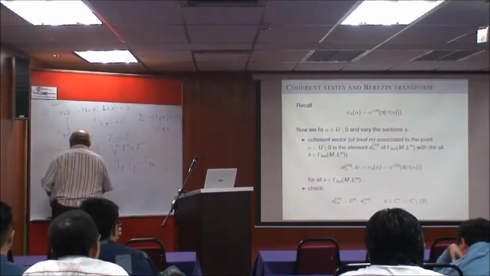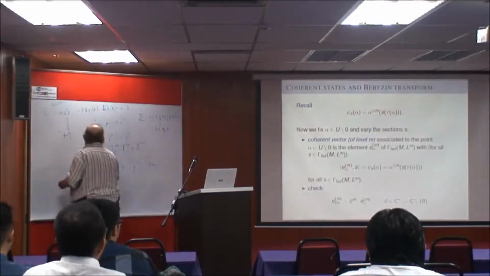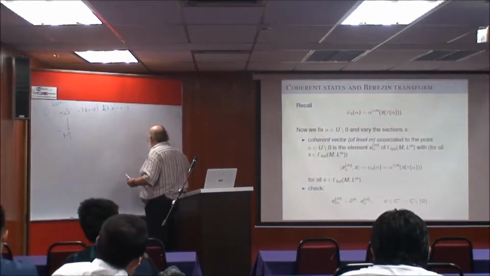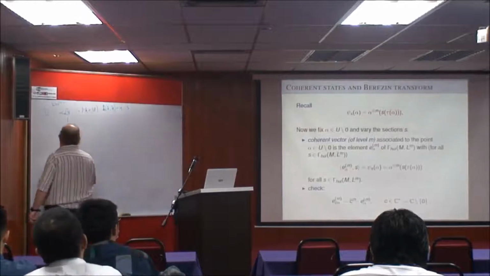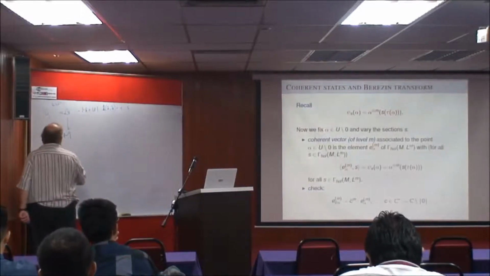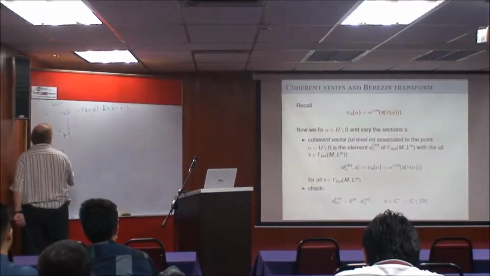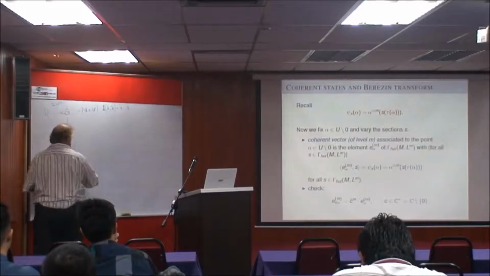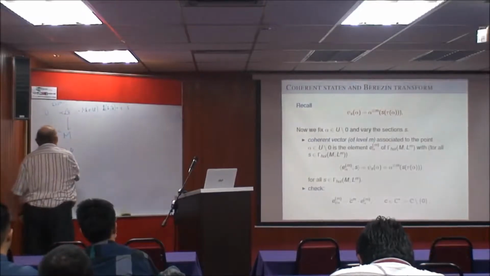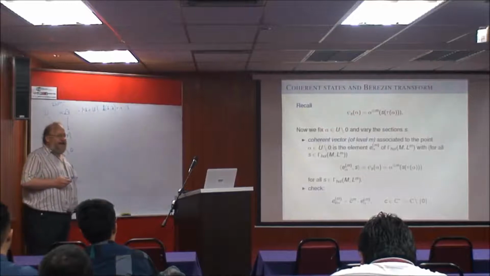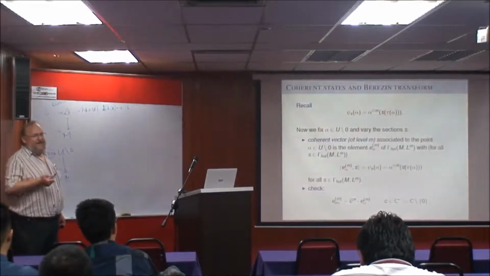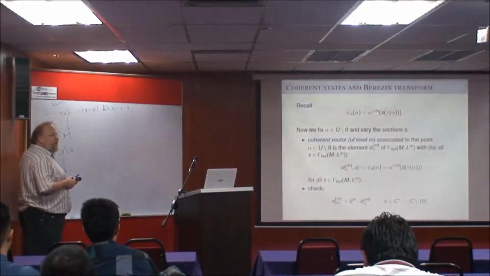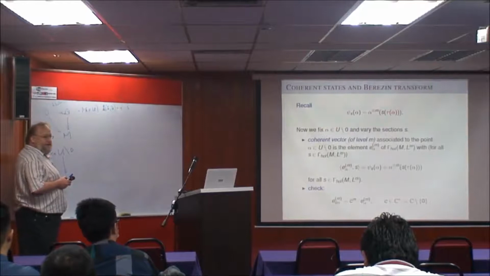So we have our total space U, and here alpha is from the total space without the zero section. So we have our manifold N, and this we fix. And our coherent vectors, or later states, will depend on alpha. For each alpha we will obtain a coherent vector.